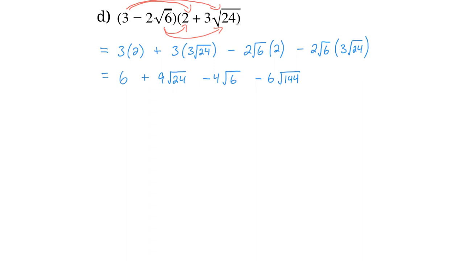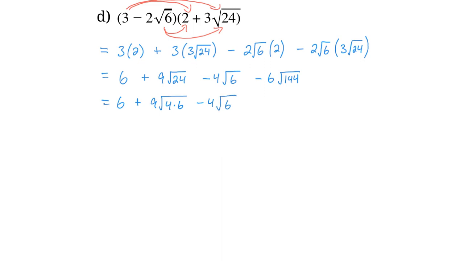So 6 we're going to leave as is because we can't change that yet. But 9 root 24, so the square root of 24 can be simplified because 4 is a factor of 24. So this is just going to become 9 and the square root of 4 times 6, okay? This minus 4 root 6 cannot be changed because root 6 cannot be simplified any further, so we're going to keep that the same.